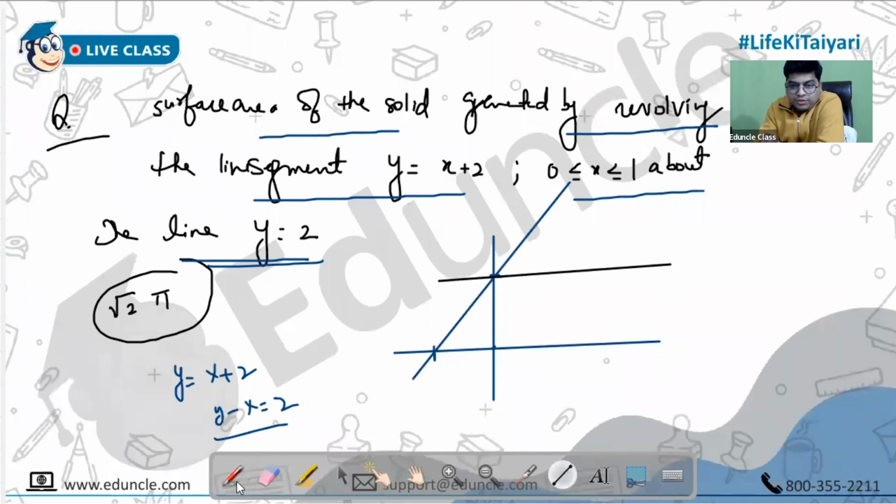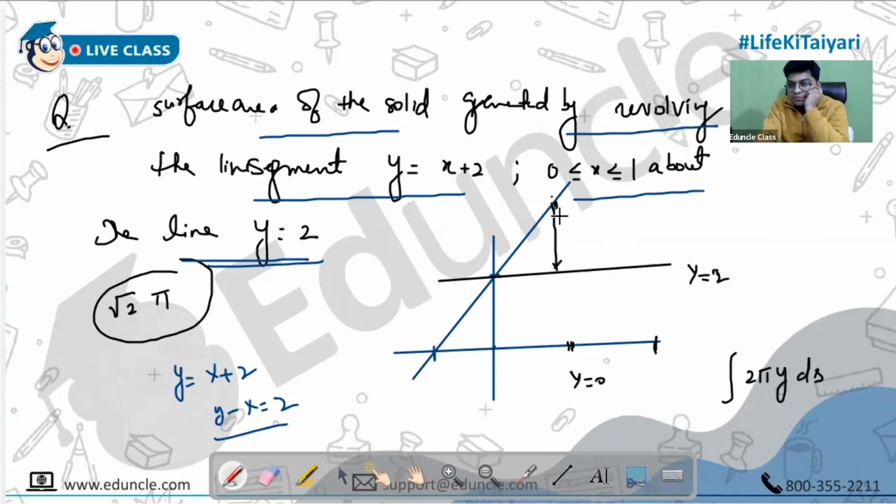Now you have to rotate this. Whenever you have some line and you want to rotate this curve, not about the y-axis, but the x-axis, what do you do? 2 pi y ds. For the x-axis, the function is y minus 0, because the axis is y equals 0. Here it is y minus 2.